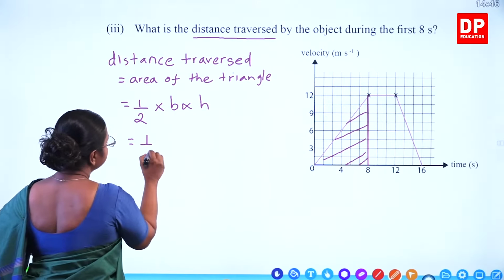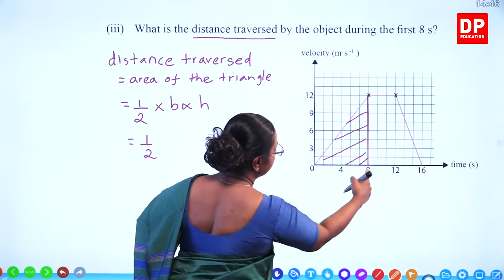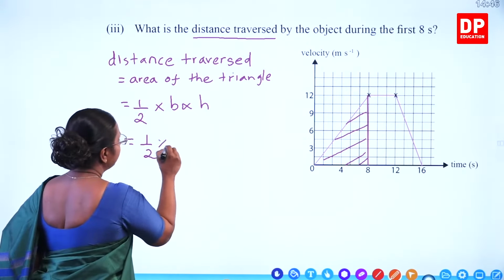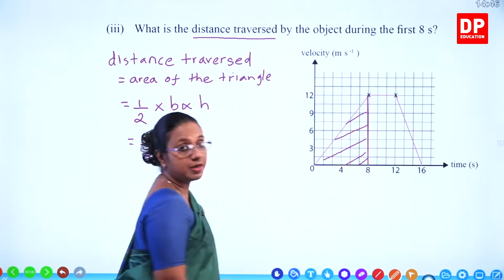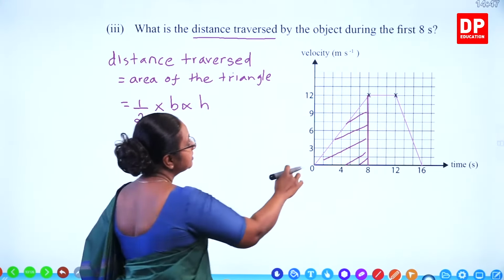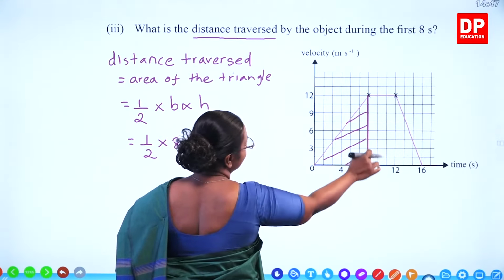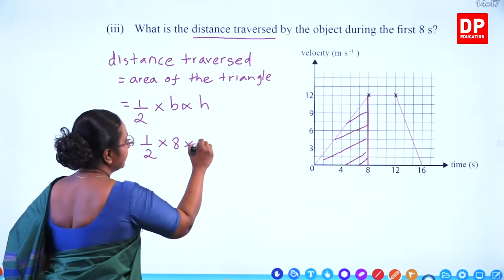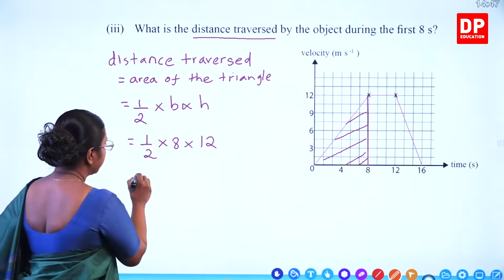So half, and to get the base value, that is the x-axis 0 to 8. So base is 8 and height is this perpendicular height, that is the value of the velocity. From 0 to 12 is the height. So we have to write 12 as the height of the triangle.